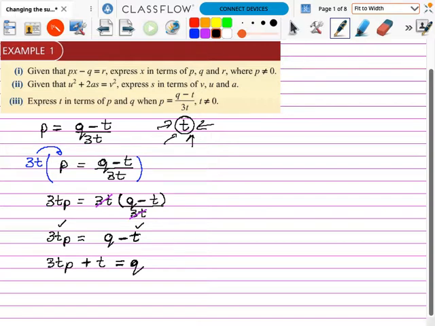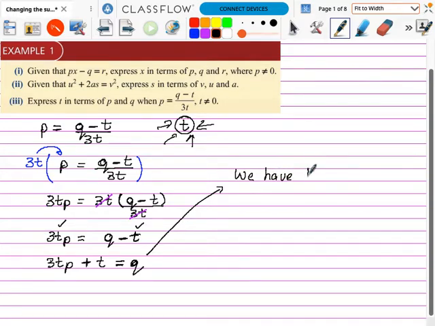But what you've got to learn is, you've got two terms with t in it. And the trick with this activity is you've got to get the t on its own. And in order to get the t on its own, there is only one method on your course.